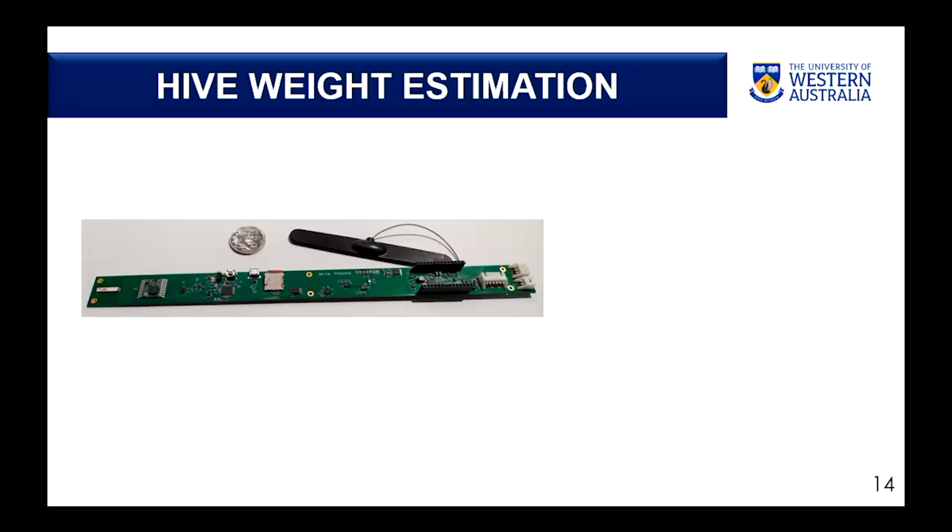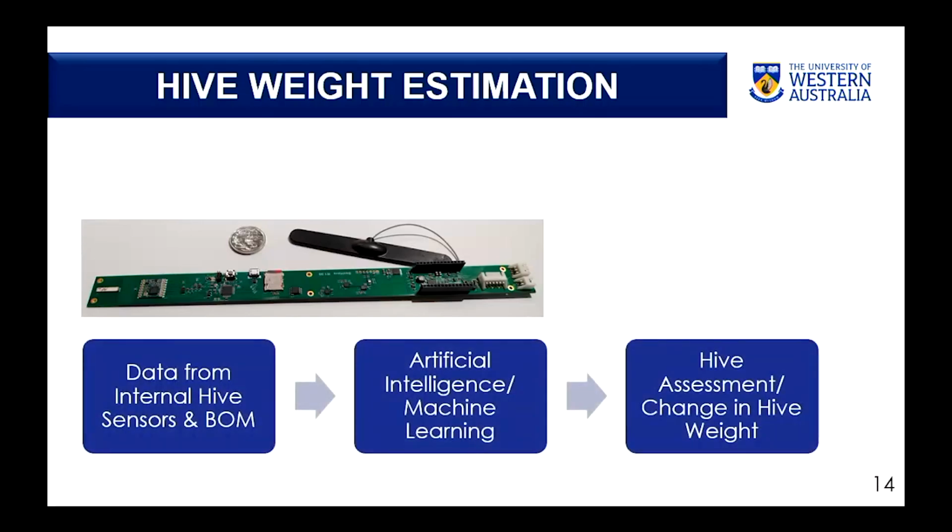A bit more depth to this one, but our system becomes part of the frame. And we use the data from this system along with data from BOM. We use artificial intelligence and machine learning, and we estimate the weight of the hive. To be more precise, what is the change in the hive weight? We monitor that change, whether it's going up or down.